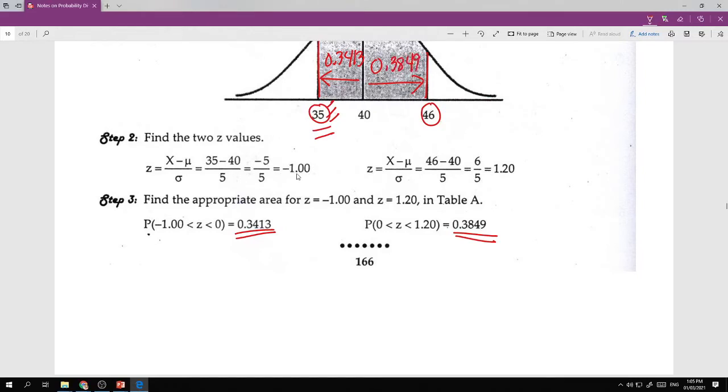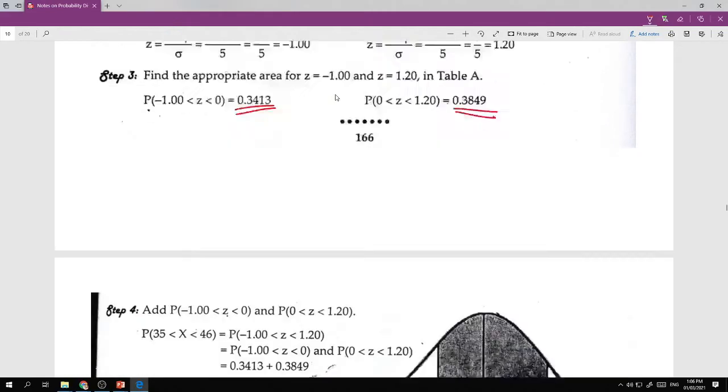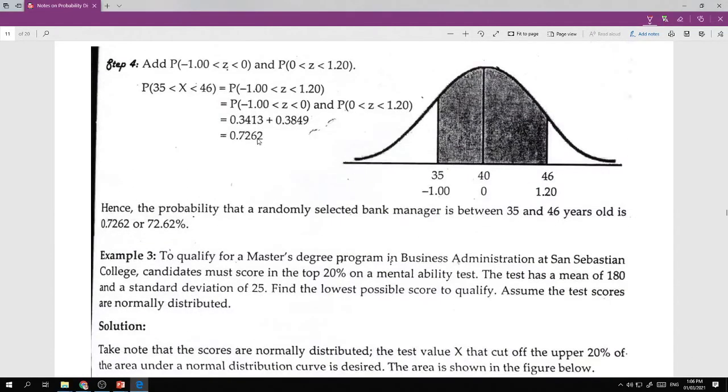O, unsa may buhaton nako ani, section Galileo, para makuha nako ang total nga shaded region? I-add. Mao nang i-add nato ang duha, si 0.3413 ug si 0.3849, and you will get this probability.